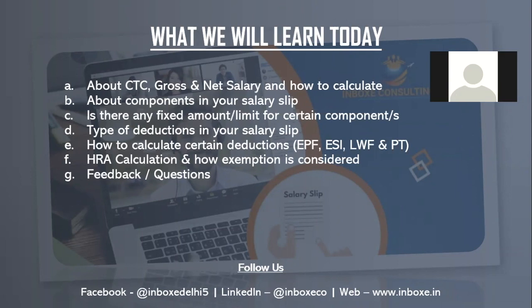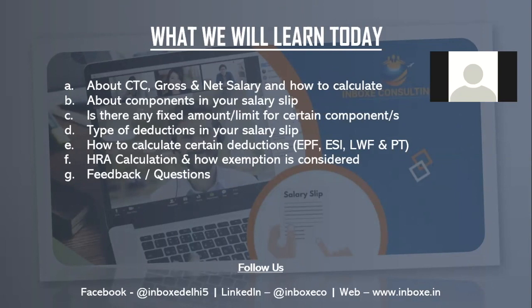Plus we'll learn about the tax declarations we make in April every year at the start of the financial year. The part of HRA is very crucial. Most of us these days travel to a lot of places, we are not in our hometown, and because of the job we need to move to other cities.